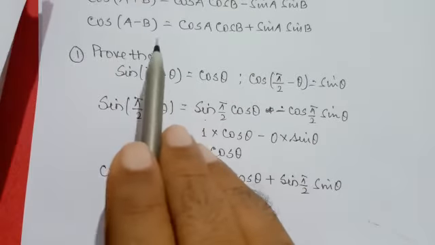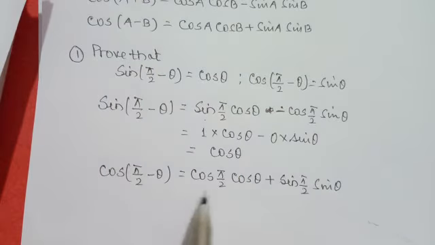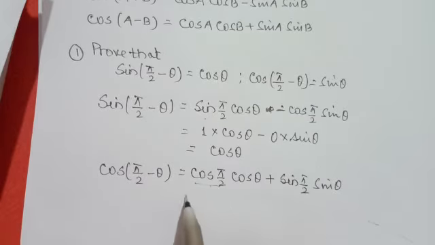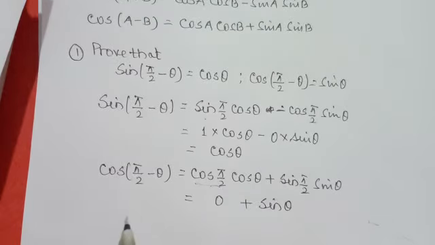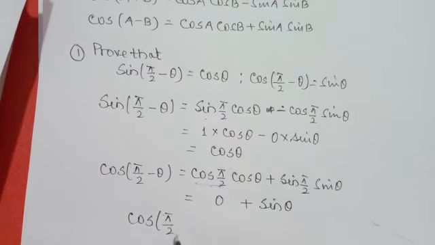According to this formula, we have cos pi by 2 into cos theta plus sine pi by 2 into sine theta. Again, cos pi by 2 is 0, multiplied by cos theta becomes 0. Sine pi by 2 is 1, multiplied with sine theta becomes sine theta. So cos pi by 2 minus theta is equal to sine theta.